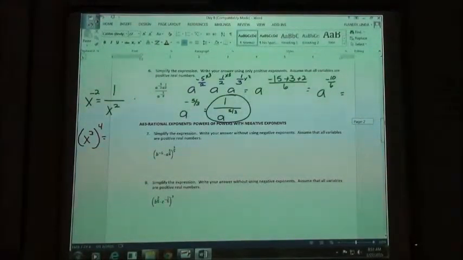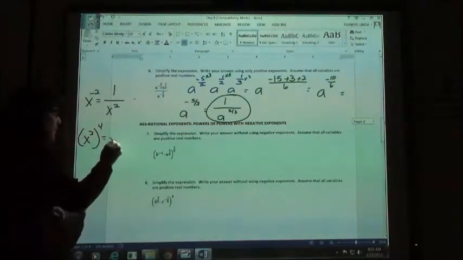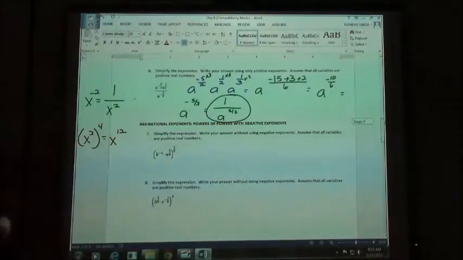I'm going to get x to the 12th power because I'm going to take 3 times 4, right?